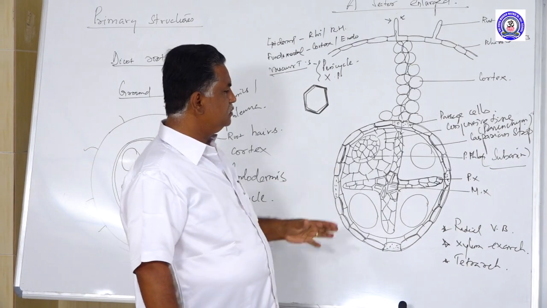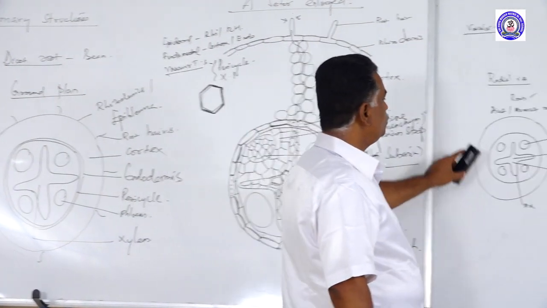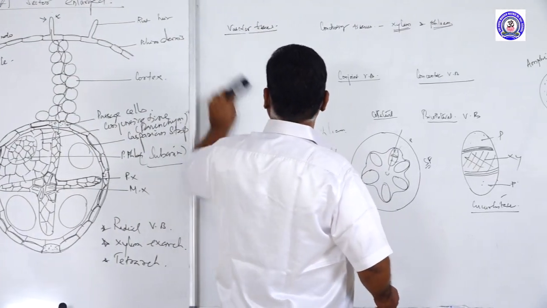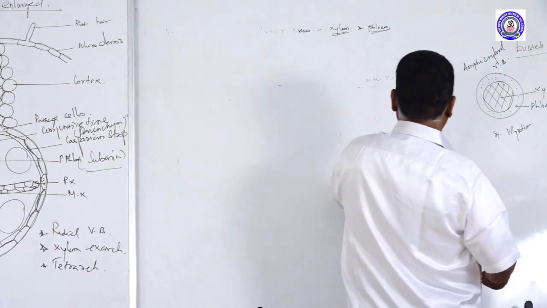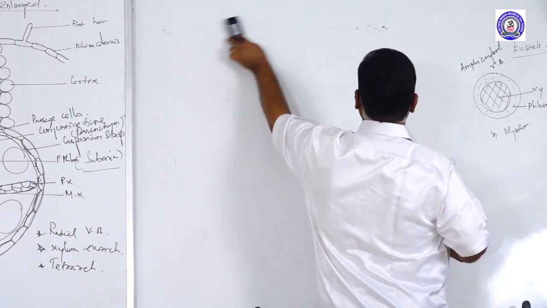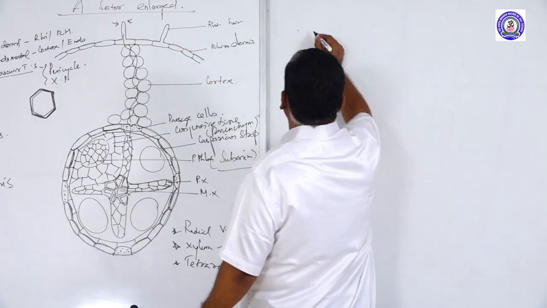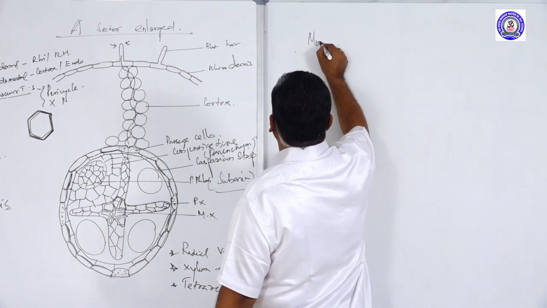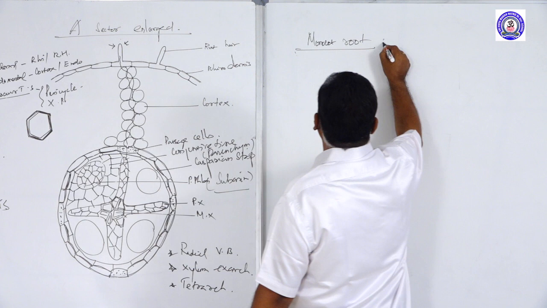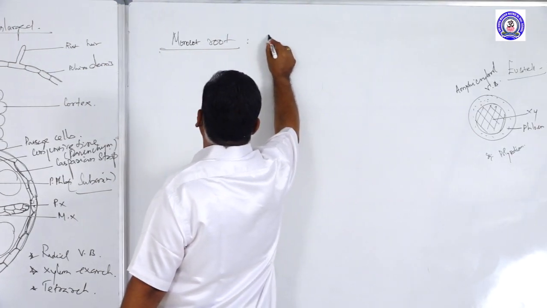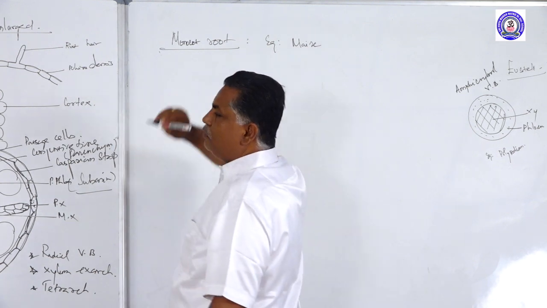The same thing with a little difference is found in monocot. You will see the monocot root, and after seeing the monocot root and the difference between dicot and monocot root, then we will conclude. Structure of monocot root, example maize.